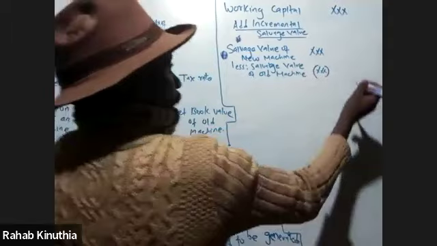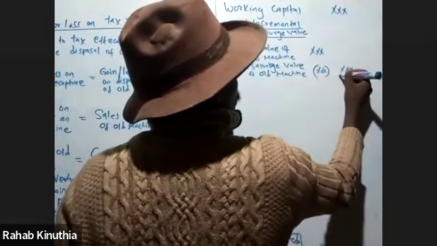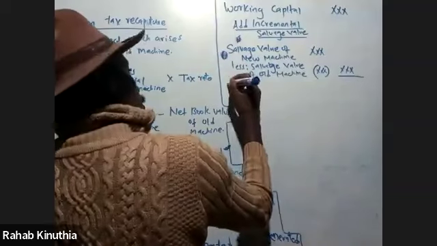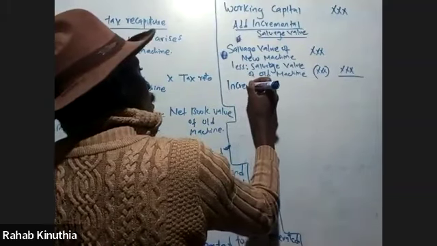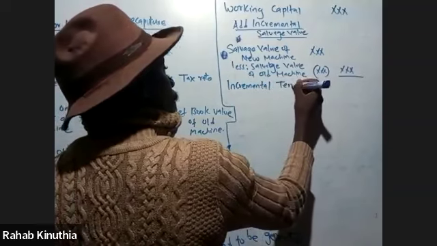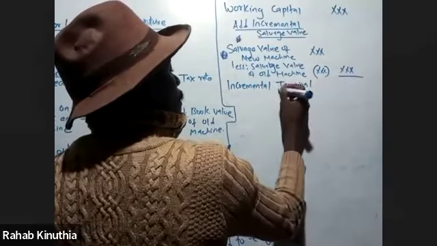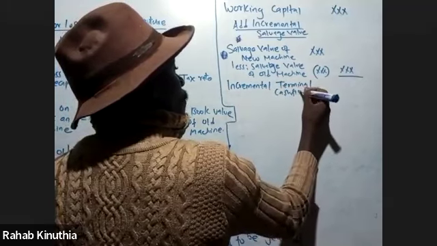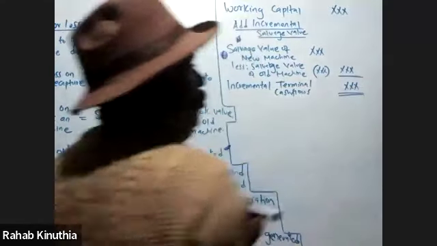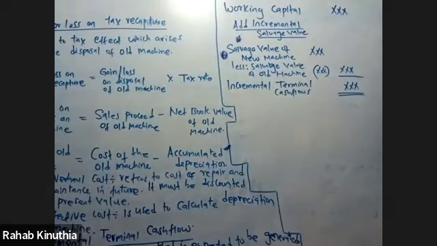Then you add the working capital. So we shall get the incremental terminal cash flow. That's how you come up with the incremental terminal cash flow.